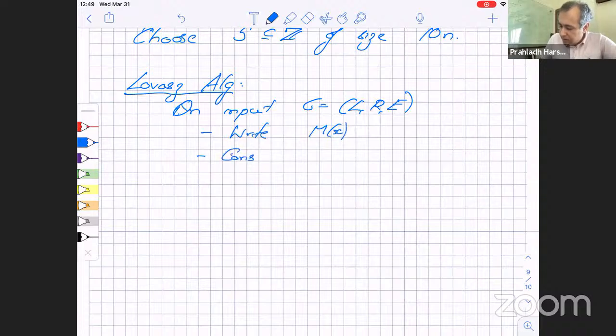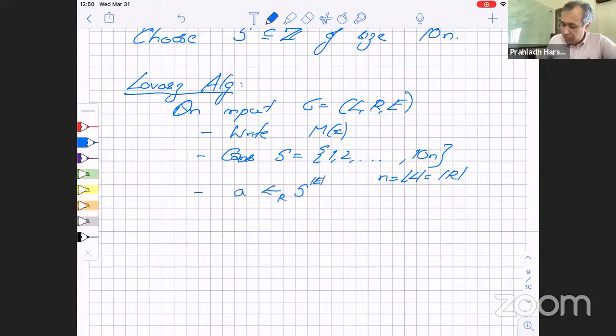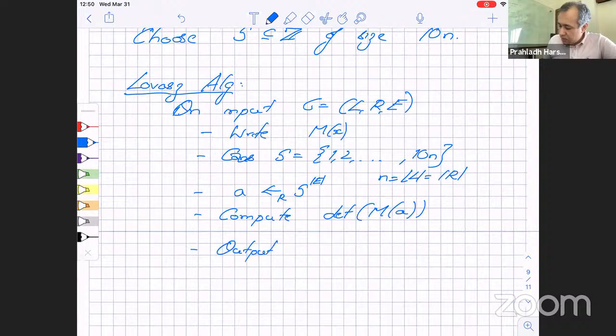Construct a set: let S be equal to 1, 2, 3, all the way up to 10n, where n is the size of R. We pick a random A in S to the size of the edges and compute the determinant of M(A), and output: if the output Z is not 0, matching, and no matching otherwise.